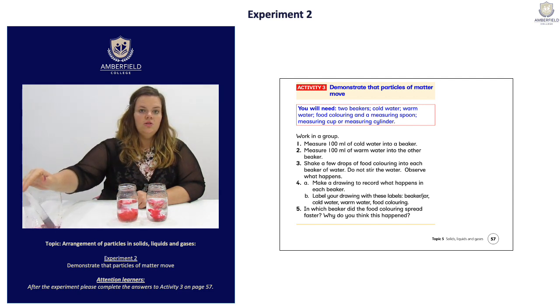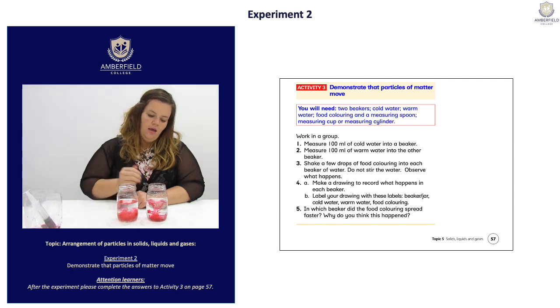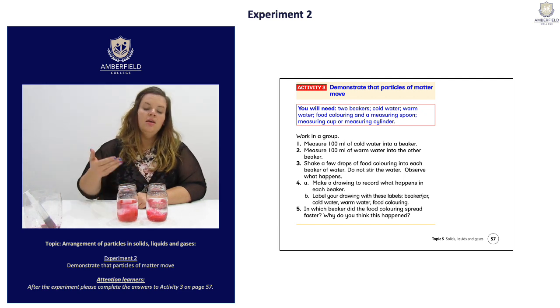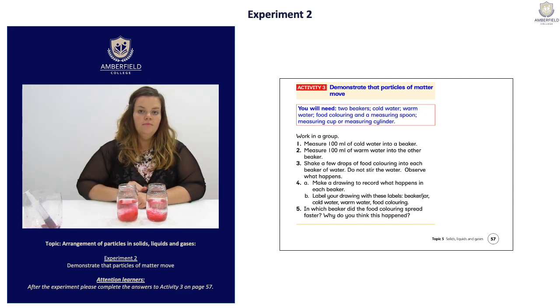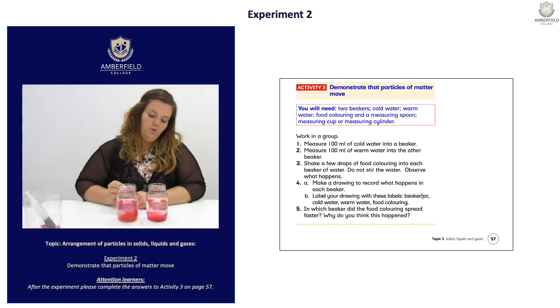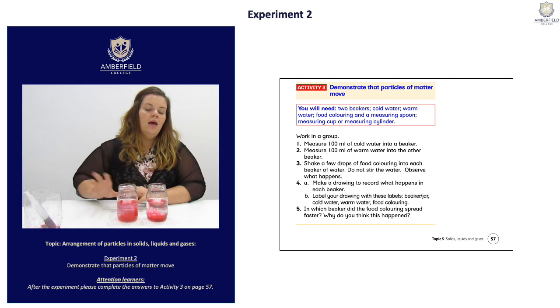Now grade 6s, in jar A and jar B, please observe and pay close attention to what just happened in each jar. You would have noticed that in jar A, it spread faster. The food coloring immediately split and spread extremely fast.